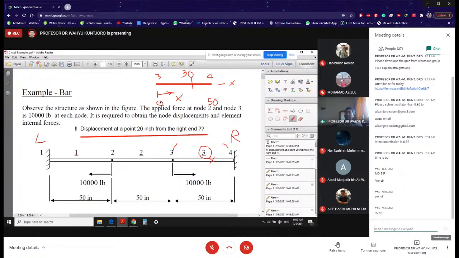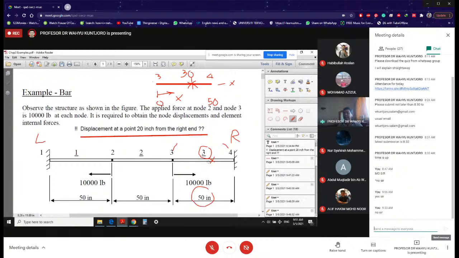Node 3 is x equal 0, node 4 is x equal 50. Then you know that this point will give you x equal to 30. What is the length of this element? The length of element L is, of course, 50.